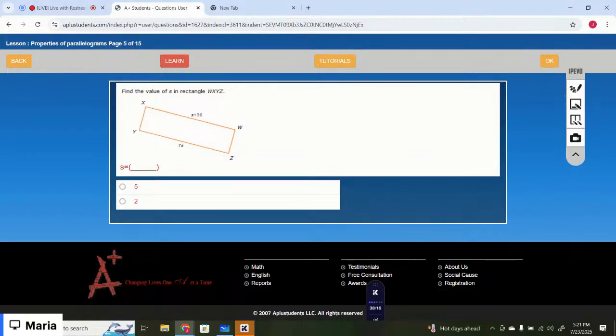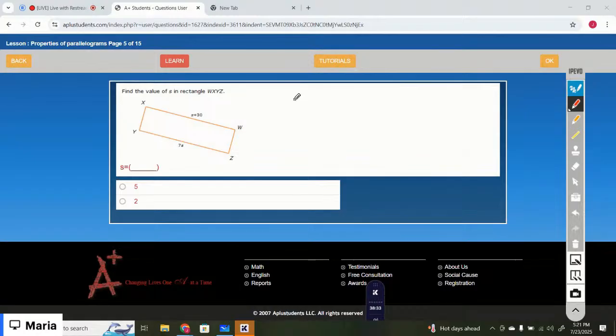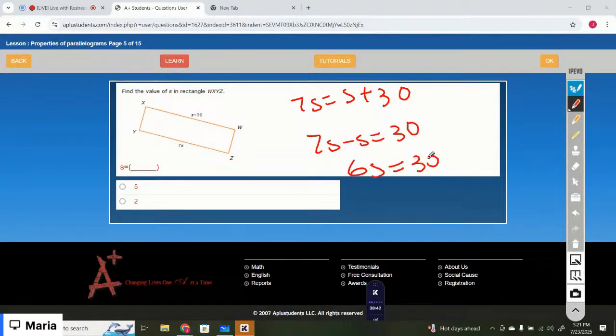Find the value of S in rectangle WXYZ. Opposite sides are equal in measurement, right? That is a rectangle. So 7S equals S plus 30. Subtract S from the other side, so 7S minus S equals 30. 6S equals 30, so S equals 5.